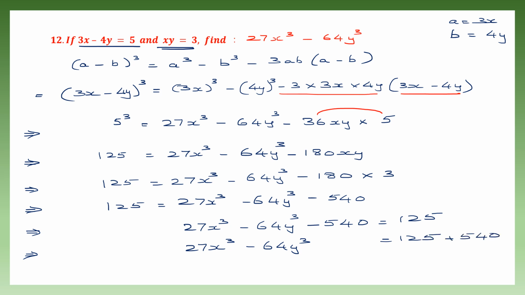Why? Because I have transposed this to the other side. It has become plus. So now I have my final answer: 27x cube minus 64y cube is equal to 665. So this is our answer, 665.